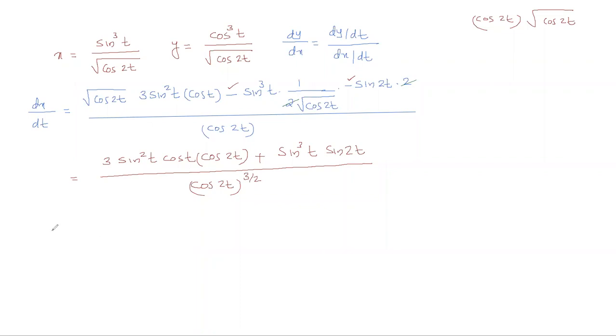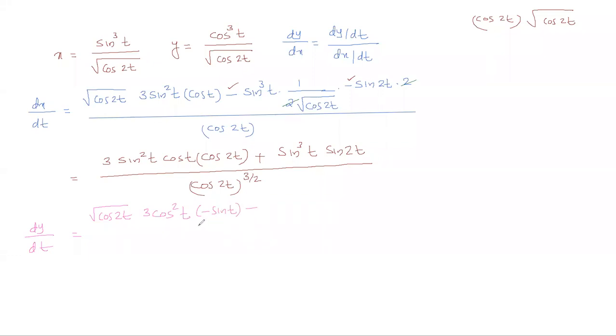Now you have to find dy by dt. So same, denominator, so under root cos 2t, into derivative of numerator. The numerator cos cube t is of the form x cube. So it is 3 cos square t into the derivative of cos t, minus sin t.